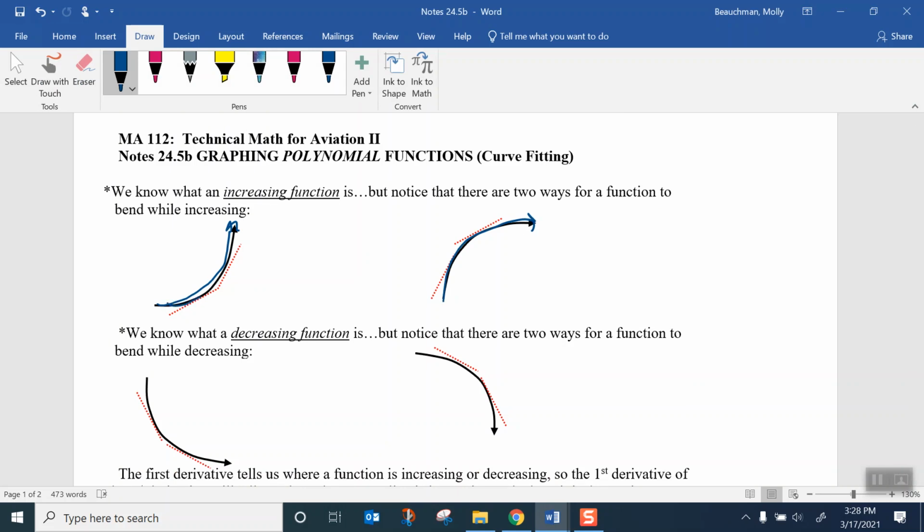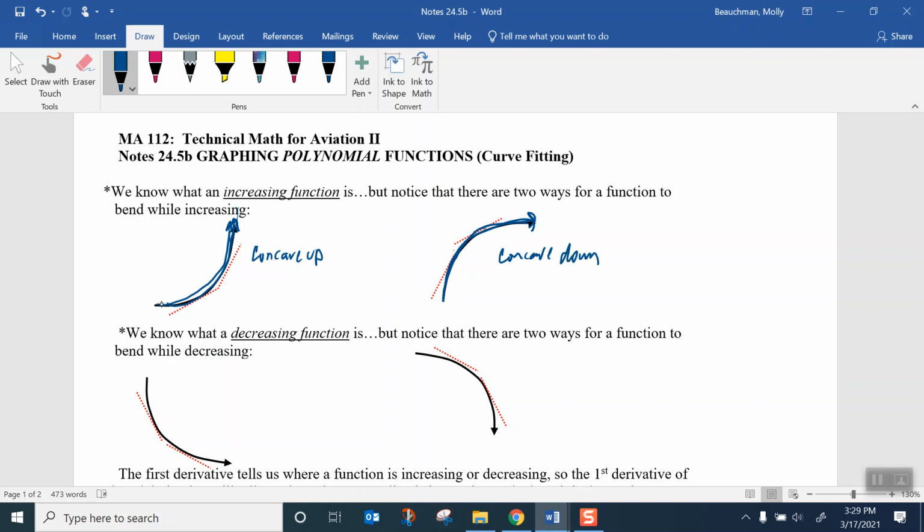When it bends this way, as you're increasing, the slopes actually get higher. As you're bending this direction, the slopes are getting lower. This is called concave up. This is called concave down.